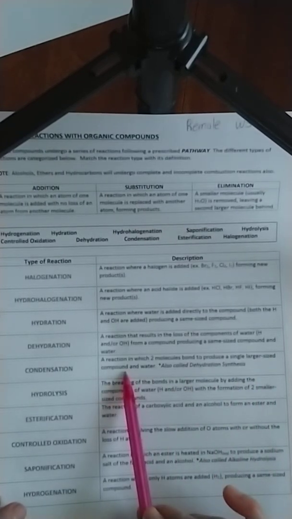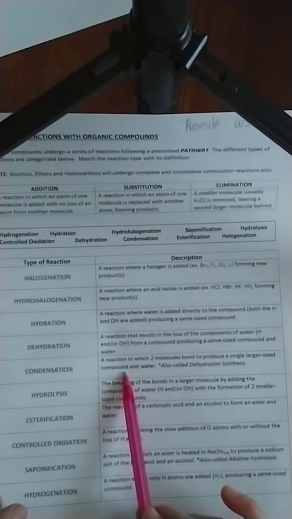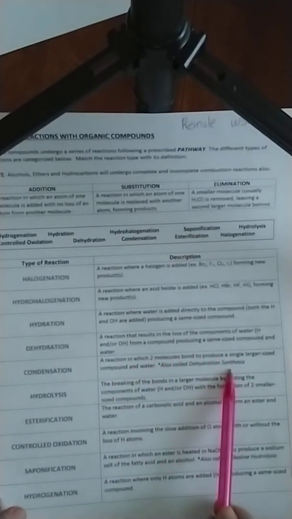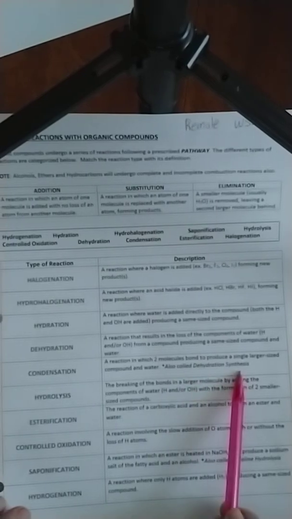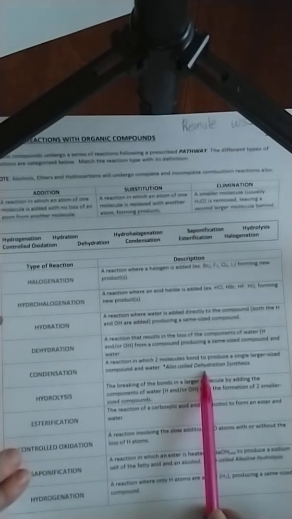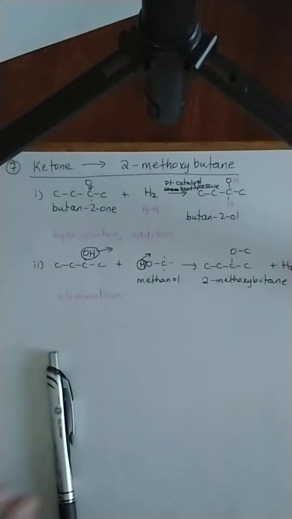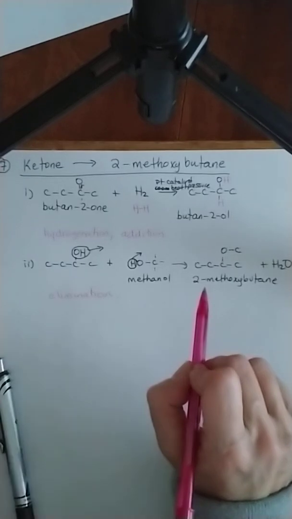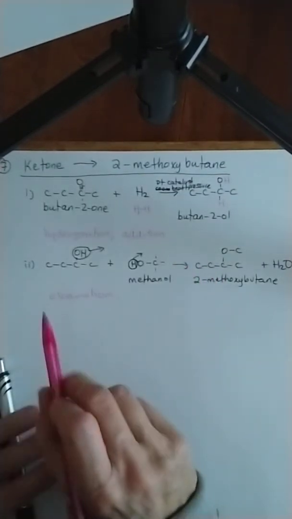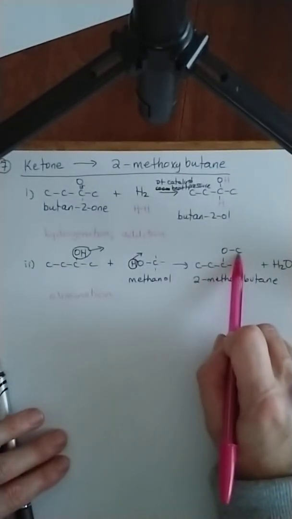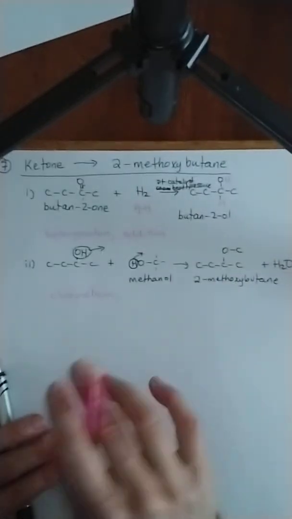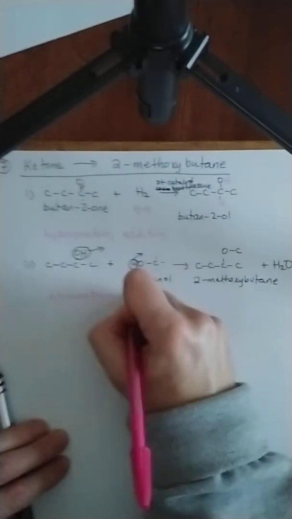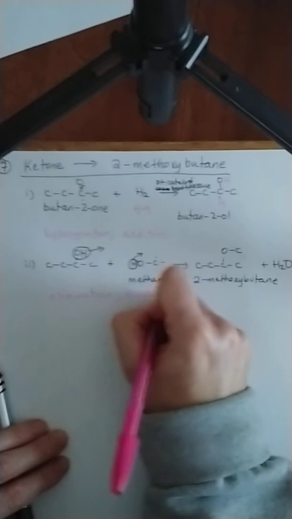So in other words, we made the organic compound larger by adding another C. In biology, you would have learned this to be dehydration synthesis. So you synthesize a larger compound by undergoing dehydration. In chemistry, we call that a condensation. So it's not a hydration because we don't have the same number of C's, excuse me, that we did with the previous ones. We've added another C group. So we've synthesized something larger.